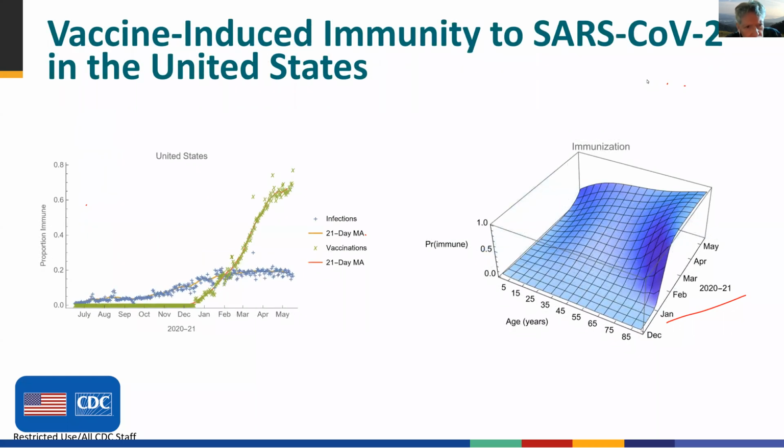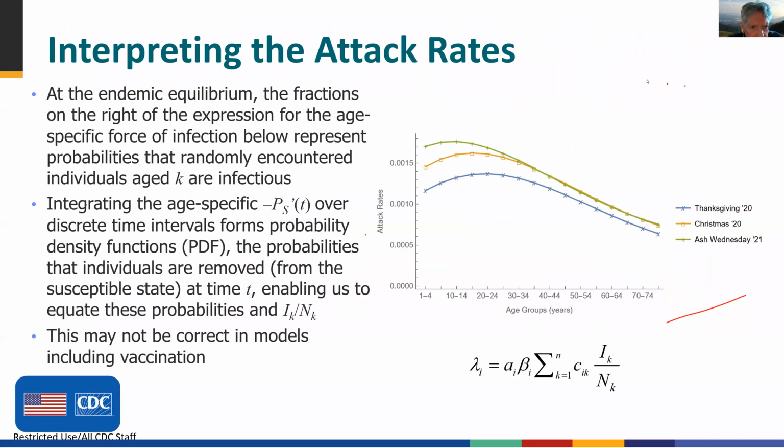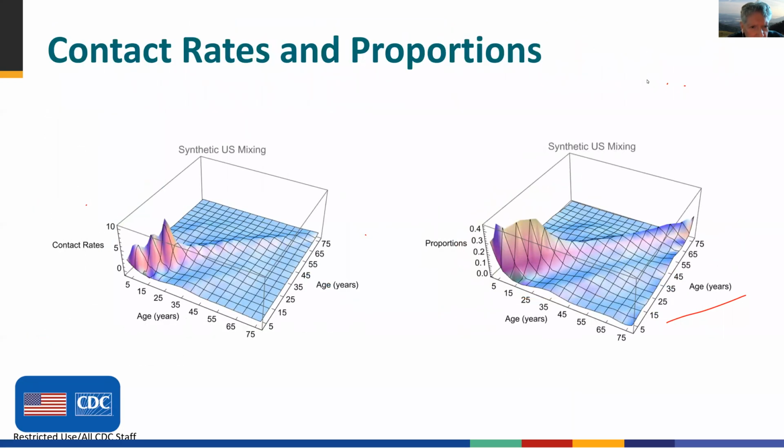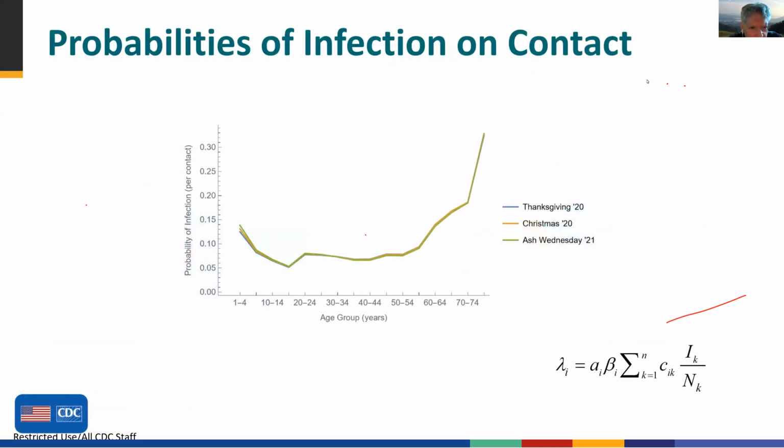Now, in the other survey, we can actually calculate the forces of infection and vaccination, and the infection rates and vaccination rates. The problem with this survey is the blood donor survey doesn't include children, and I needed children to do this calculation.